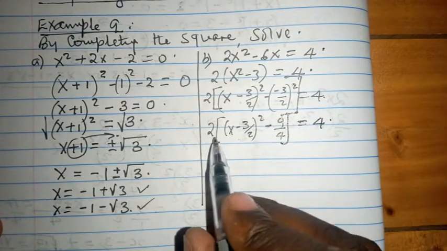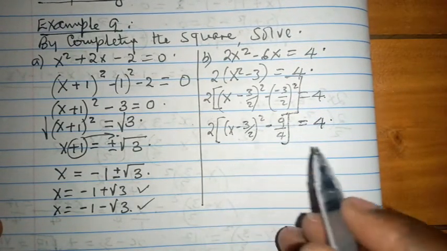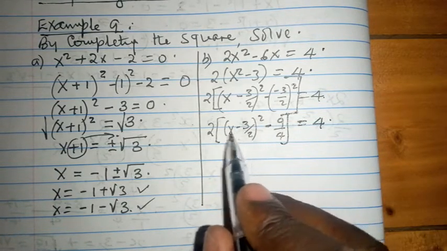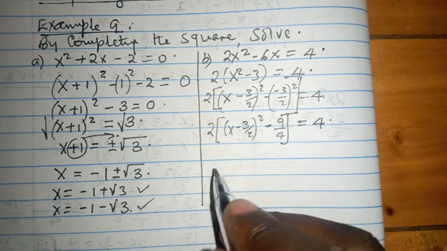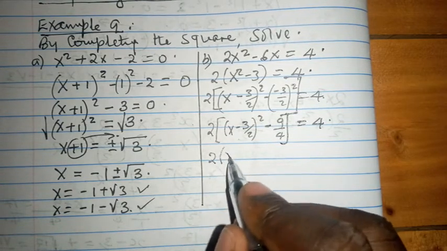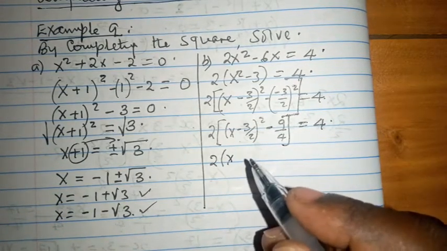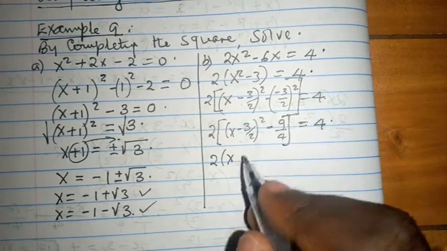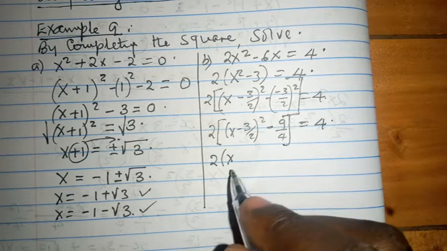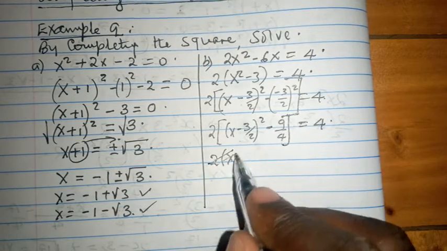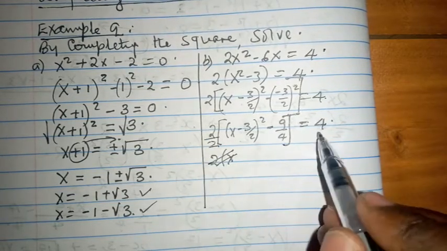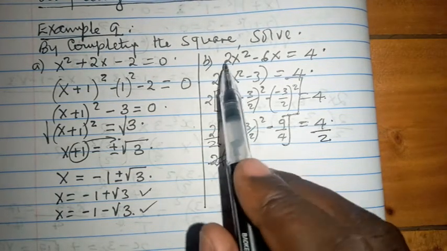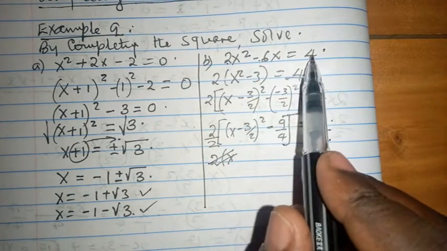These two affect everything within the bigger bracket, but of course it is not easy to open this up and then multiply by 2, so we leave it like that. Before we do that, we divide by 2 throughout, though we could have divided by 2 even in the very first step.